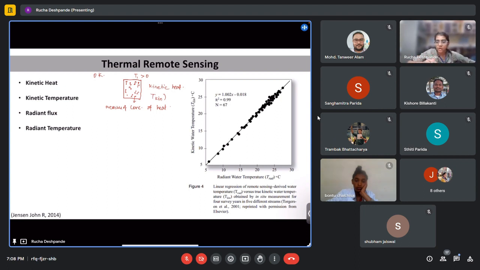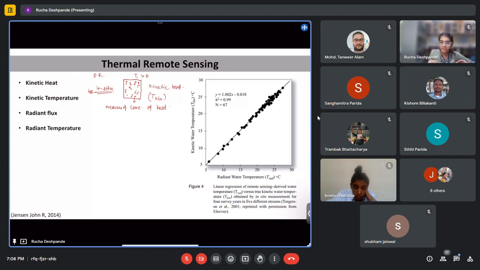So if we want to measure the kinetic temperature, then our measuring device should be in contact with the body. It would be like measuring with a thermometer or something. So this would be in situ measurement. When we touch the body and take the temperature, that would be the kinetic temperature of that body.